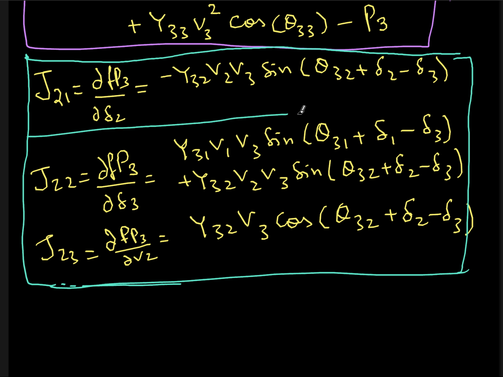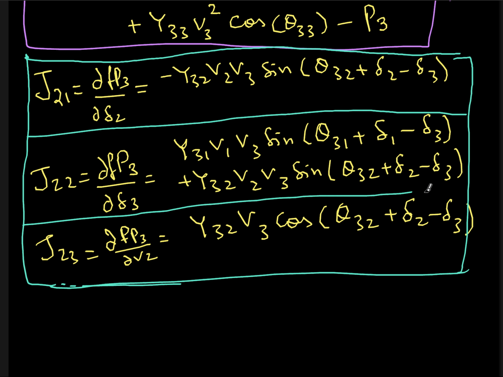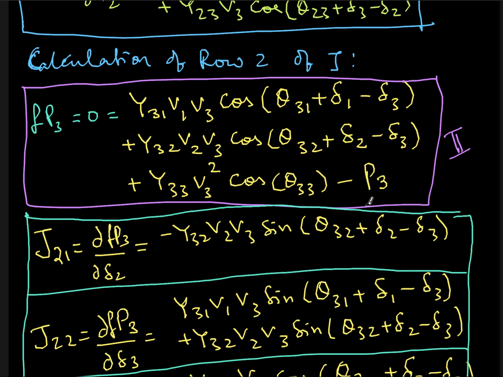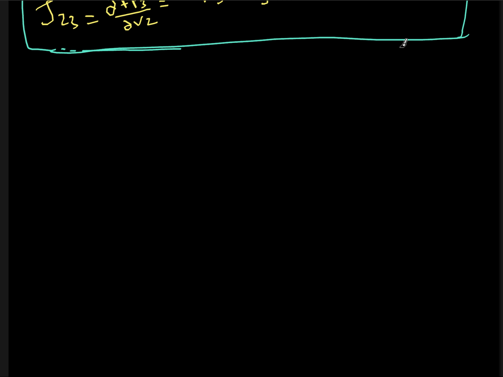As I said, everyone in life should do this once, writing down these equations, so that you understand what is going on. Now go up. This was row 2. So let's do the calculation of row 3.